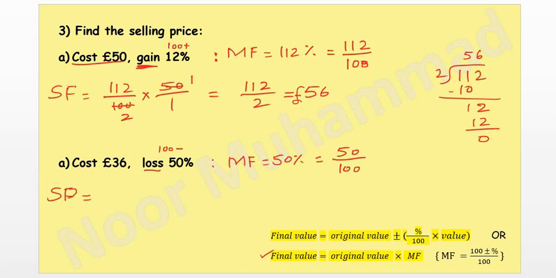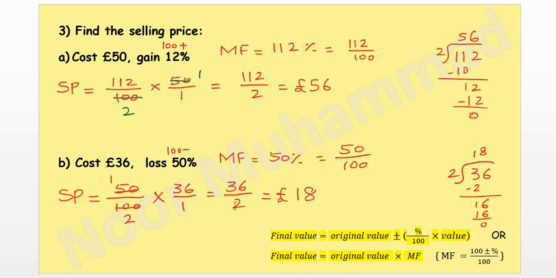Selling price will be 50 out of 100, this is the multiplying factor, multiplied with the original price, or the original value, 36 out of 1. Now as you can see, 50 times 1 is 50 and 50 times 2 is 100. We are left with, so here is the final answer, that is 18 pounds.